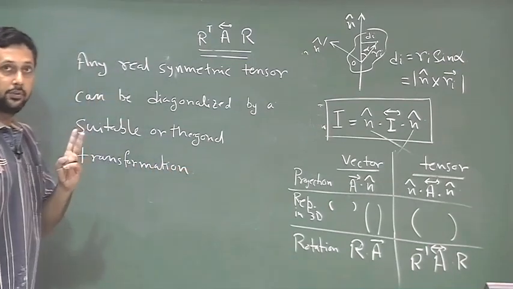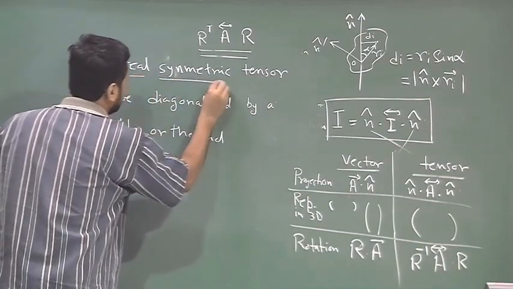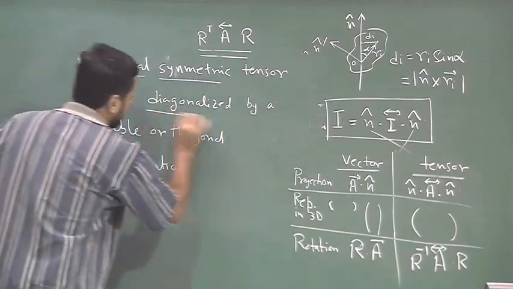There are two things which we need to focus on. One is the real symmetric tensor and the second word is diagonalized.